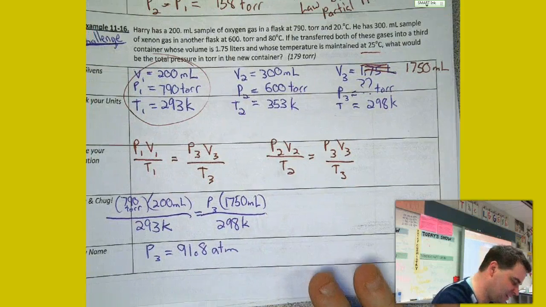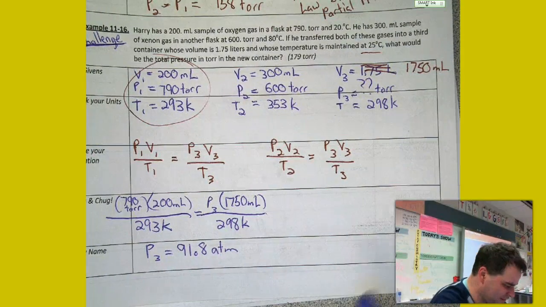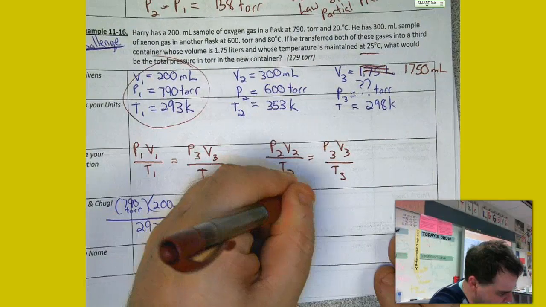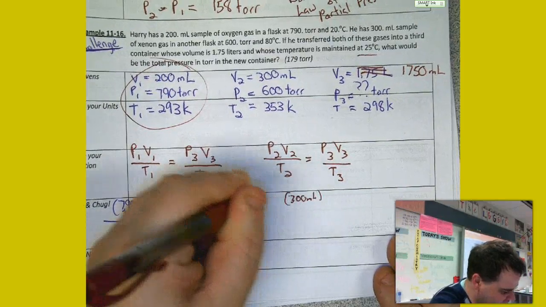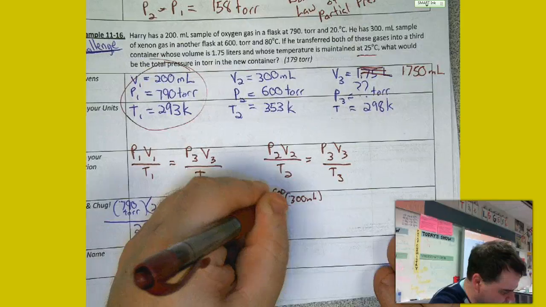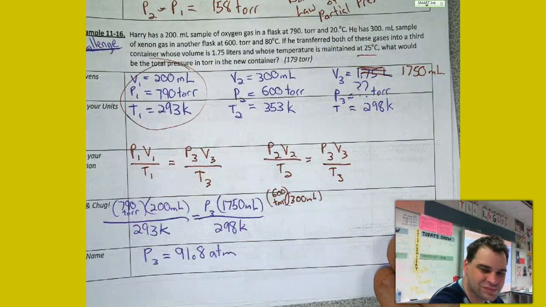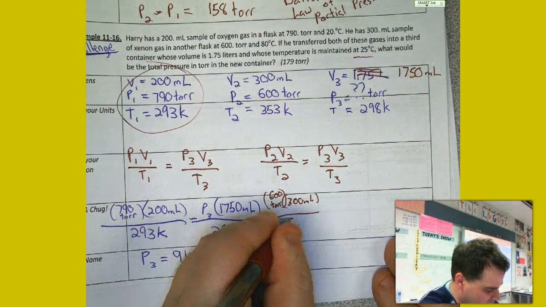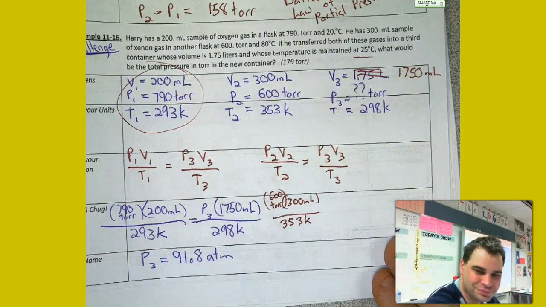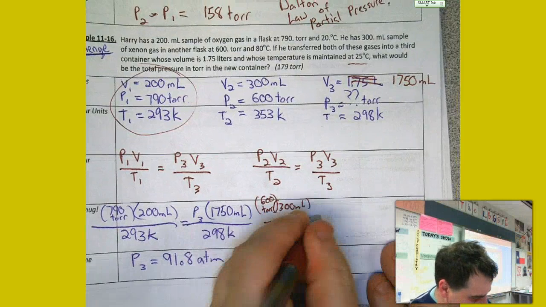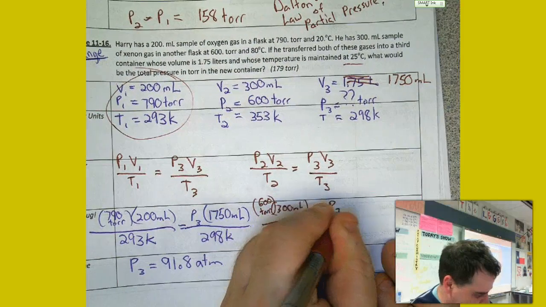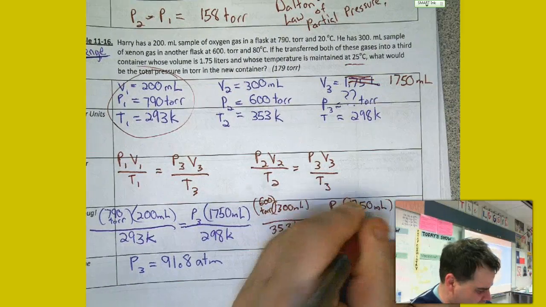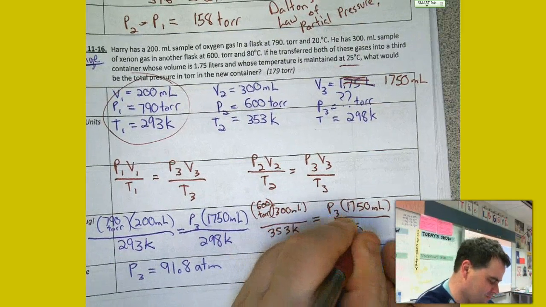Now I'm going to do the problem again here. For the next one, I use 300 milliliters and 600 torr over 353 Kelvin equals P3 times 1750 milliliters over 298 Kelvin.